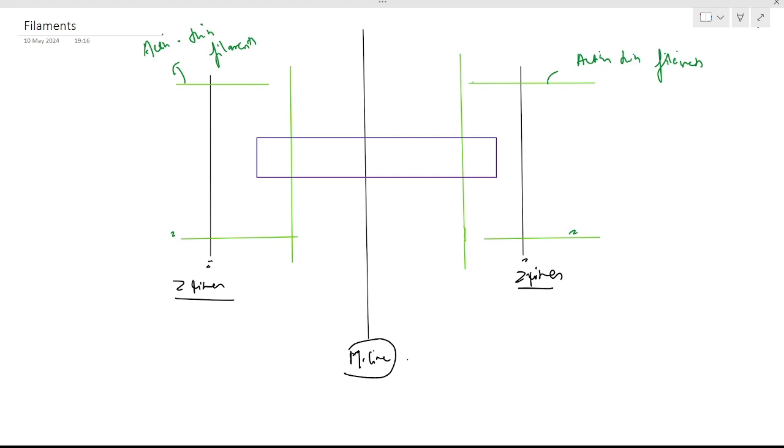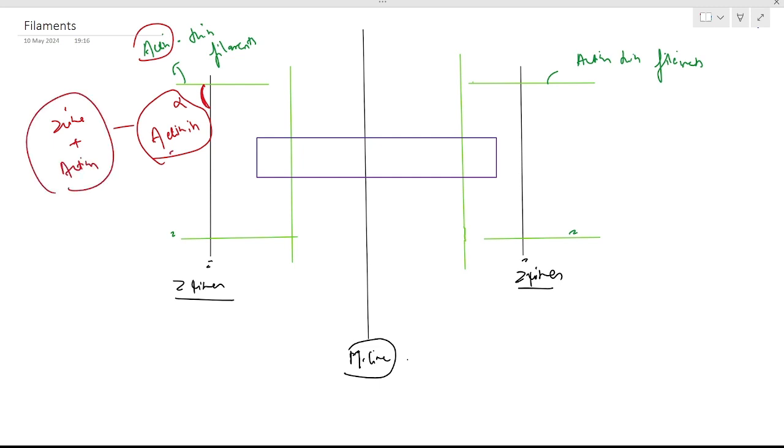Now this actin, which is a thin filament, and this Z line are connected together at this angle by alpha actinin. Alpha actinin joins the Z line and actin at this junction.